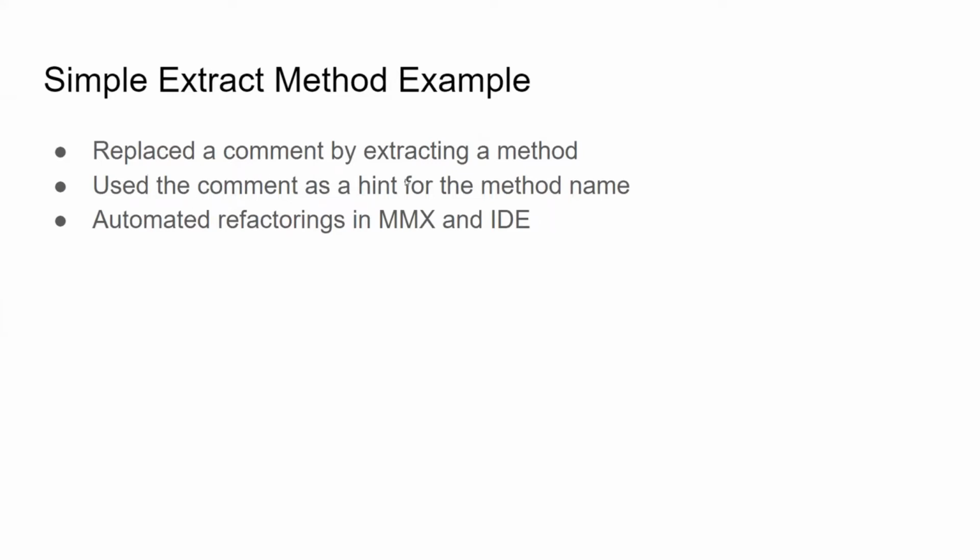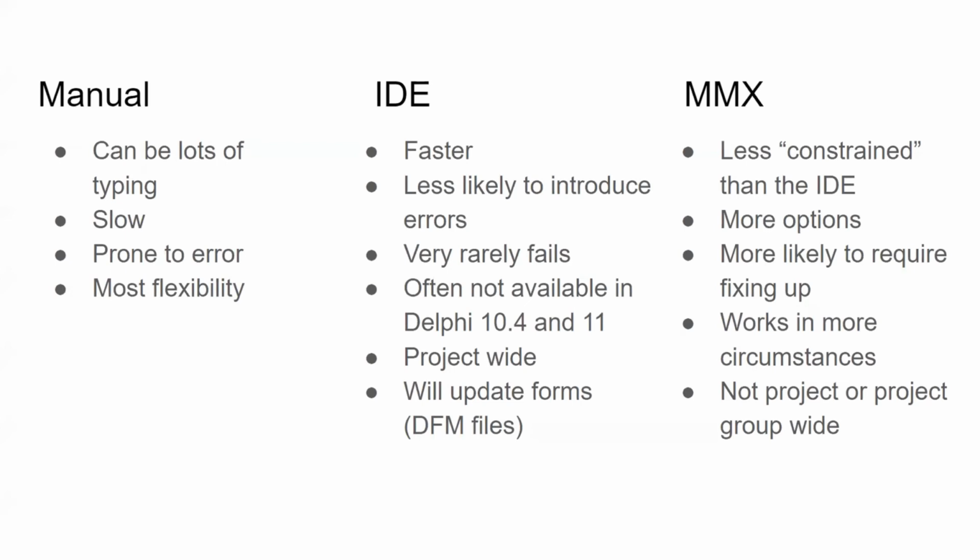We just use the comment as a hint for the method name. And of course, we did it three different ways. We did it manually, which involves a lot of typing, used the Delphi IDE refactoring, and used the one in Model Maker Code Explorer. So we've got the three options.